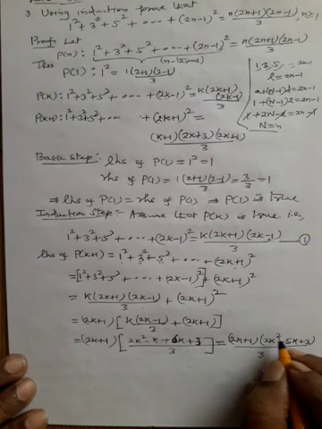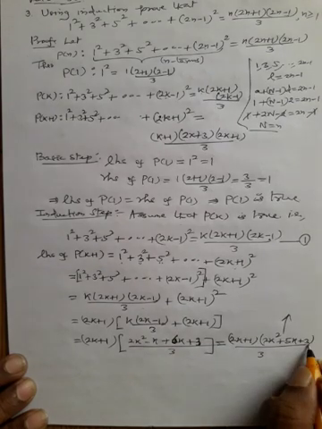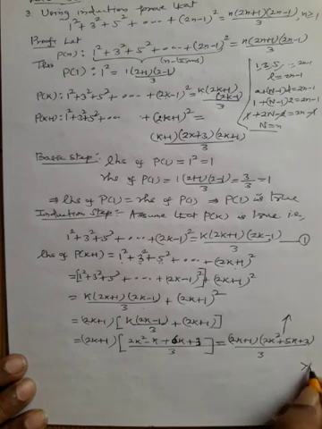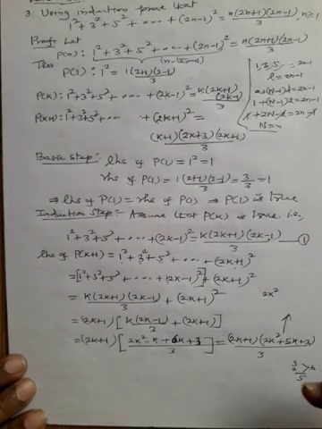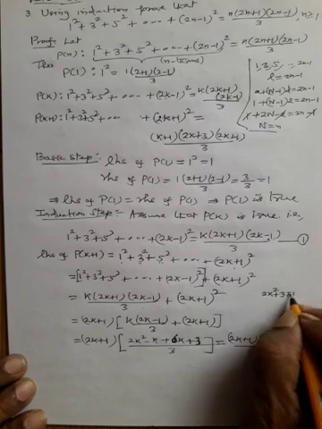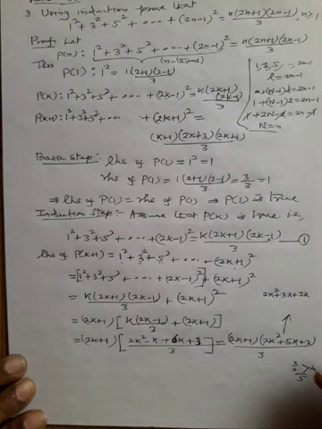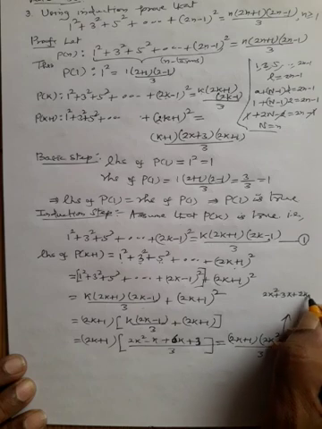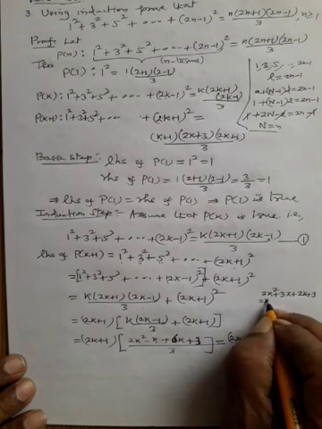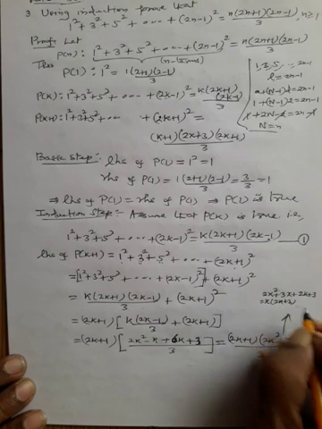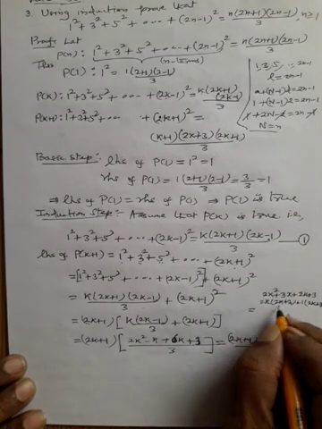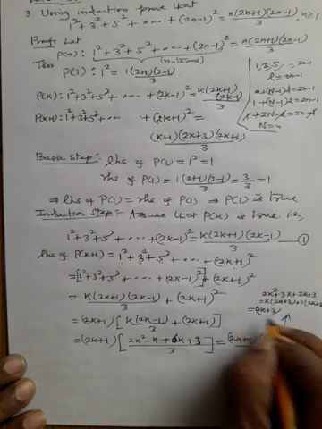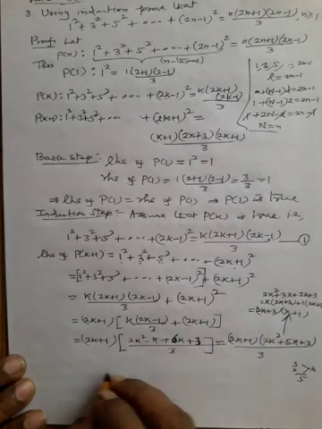We are going to factorize this. Product is 6, sum is 5, so 3 and 2: 3 plus 2 is 5, 3 into 2 is 6. So this is 2k squared plus 3k plus 2k plus 3. Here k is common, (2k plus 3), here 1 is common, (2k plus 3), which is (2k plus 3) into (k plus 1) as the factorization.